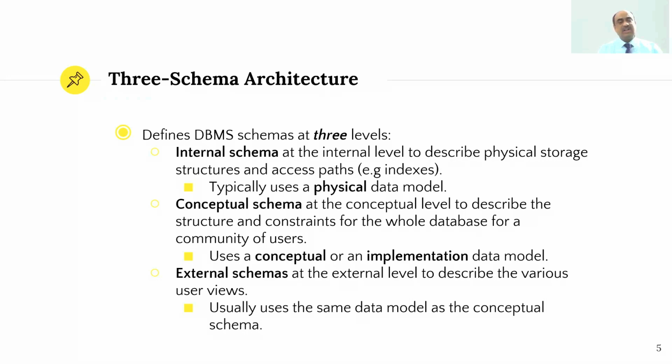The second important schema is what we call the conceptual schema. The conceptual schema describes the structure as well as the constraints for the complete database for the community of users. What do you mean by conceptual schema? When you define a database, for example, you take a data definition language.